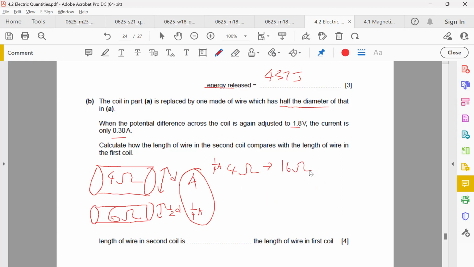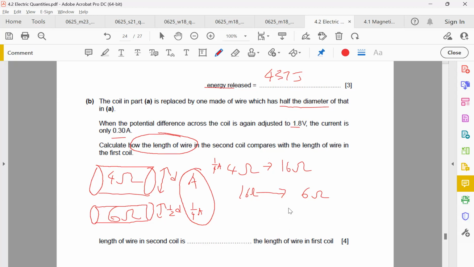It's supposed to become 16 ohms. But this 16 ohms must decrease by how much only? Because right now, after I play with the area, it's going to be the length component. I don't know how long is the length of the second wire, but I know that from 16 ohm, it became 6 ohm. So how much should I divide to become 6 ohm?